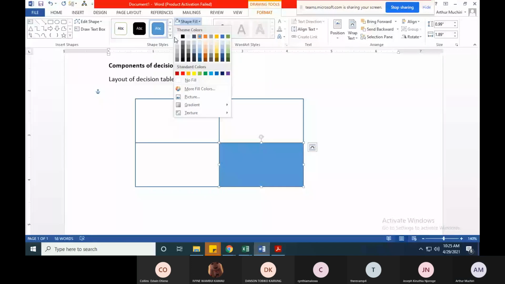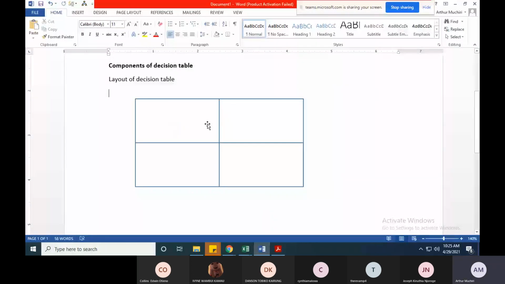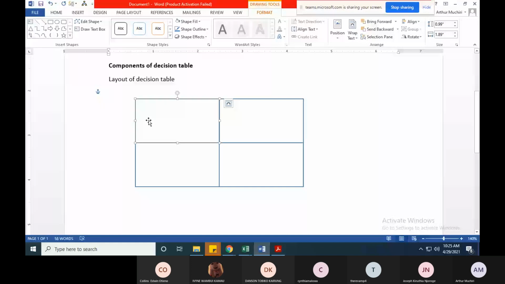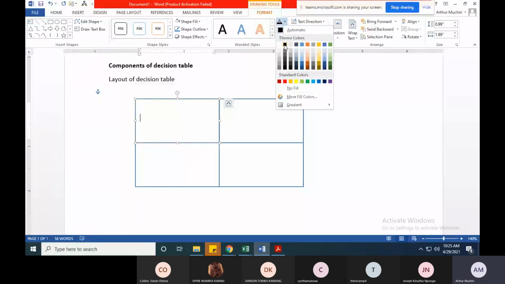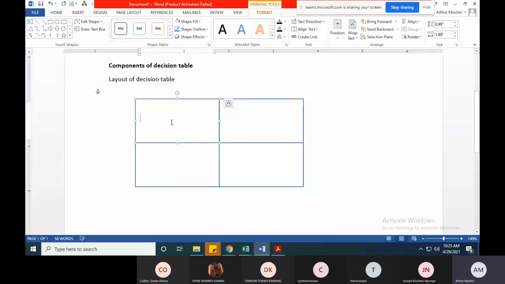In this first box you have the condition statement. That's where your condition statements go.